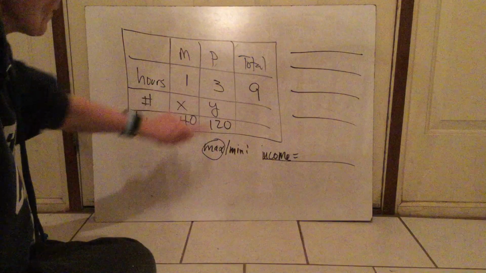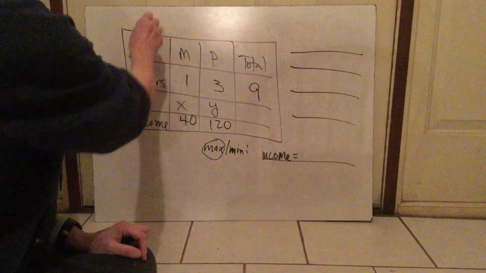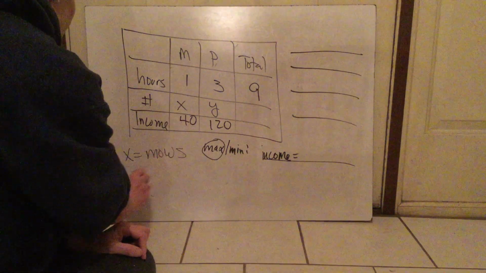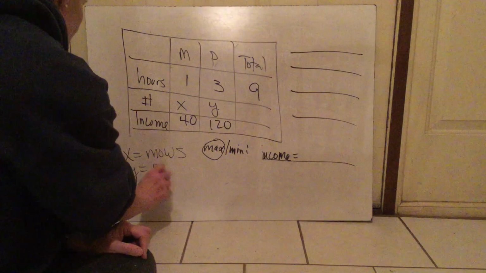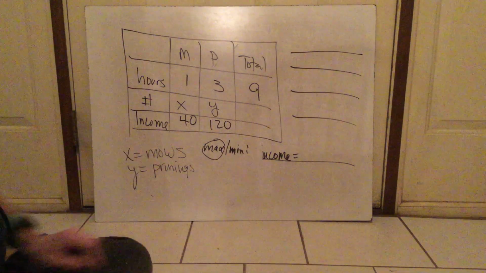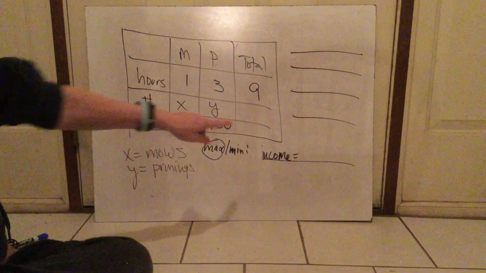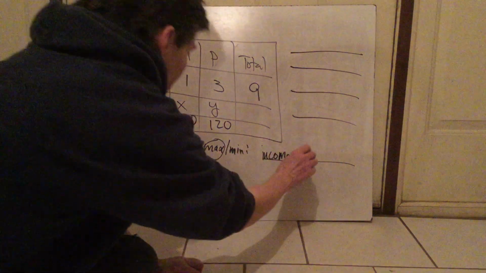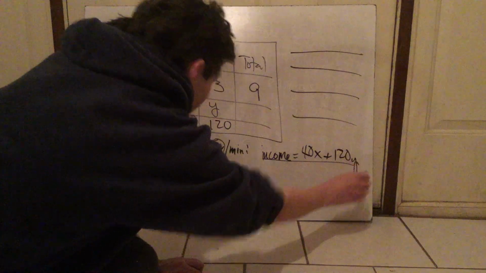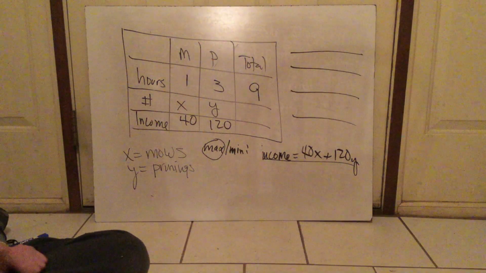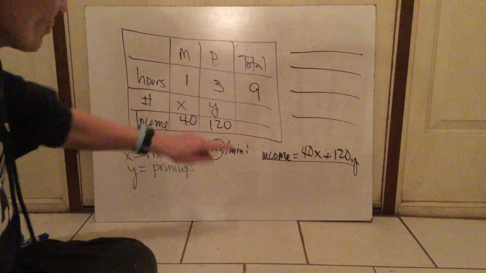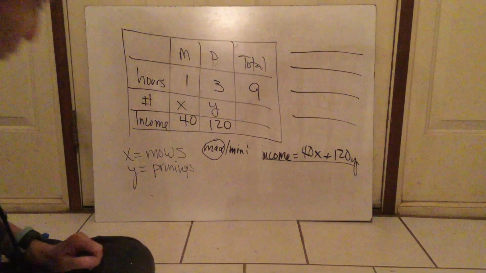So X is the number of mowings, and Y is the number of prunings. Okay? So my income will be 40X plus 120Y. That's my income, because I get $40 for every X and $120 for every Y.